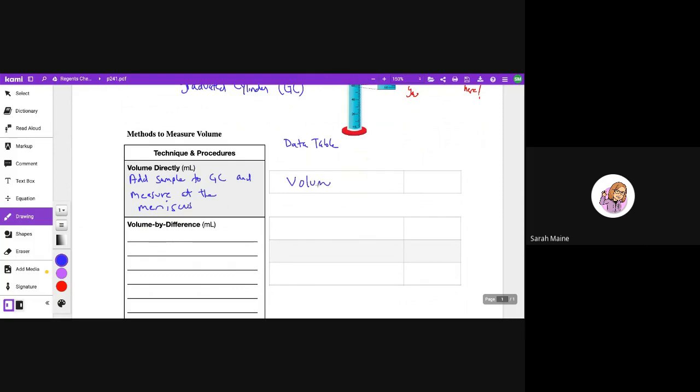So I'm going to have the word volume, and then that volume belongs to the sample. In a data table, I don't have to have complete sentences, but a few words to put whatever information we record into context with the procedures. So I read the meniscus and it's 12.1 milliliters. You have to have a number plus a unit.